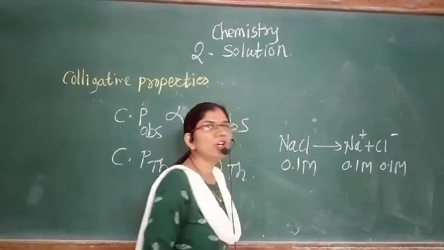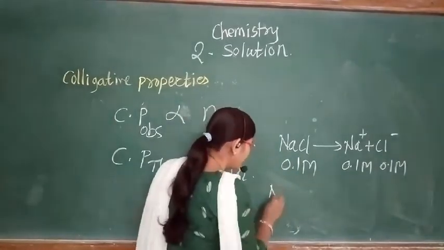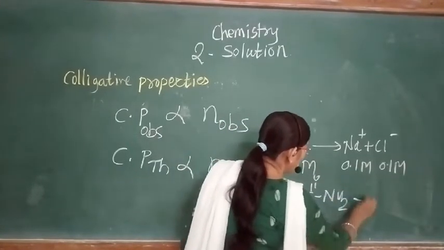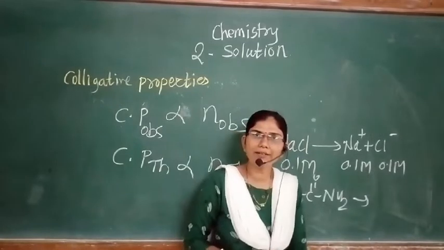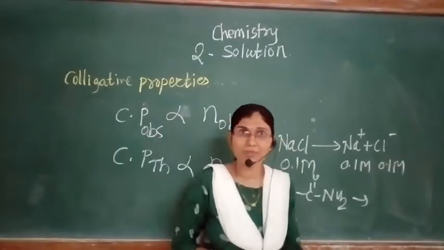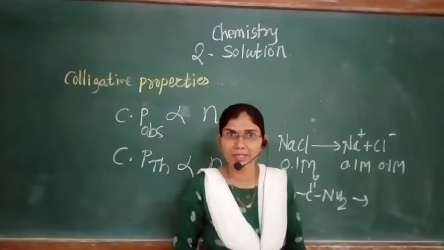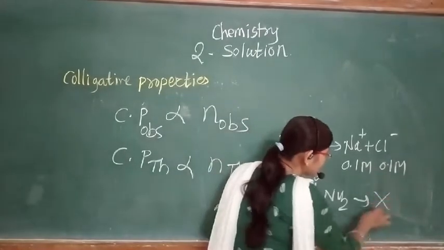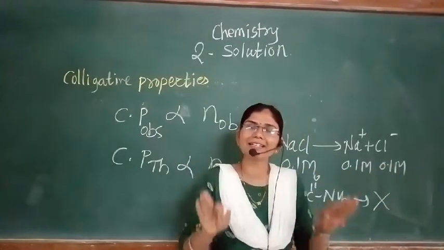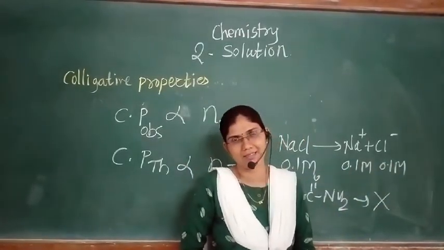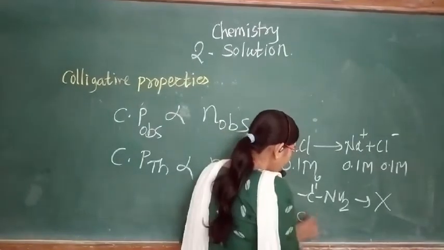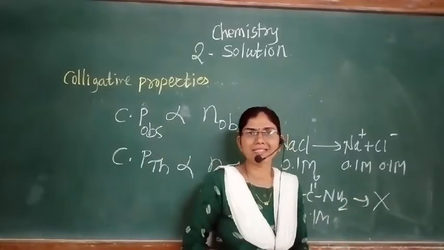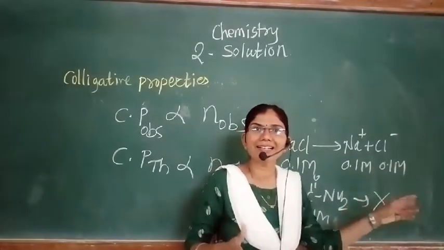But when we take a non-electrolyte like urea, NH2 double bond NH2, and dissolve it in water, it forms an aqueous solution of urea, but the urea does not get dissociated and remains as it is. If 0.1 molar urea is present in the solution, it remains as it is, because it does not dissociate like NaCl.